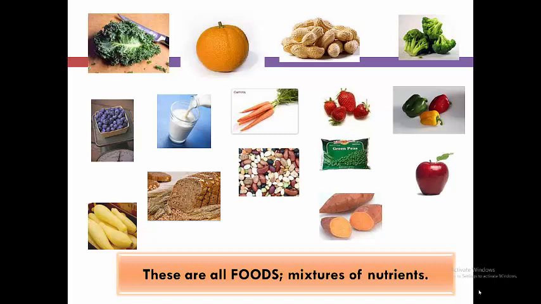None of the things you see here are made of just one nutrient like carbohydrates or just protein or just fat, and certainly none of them are just water or just vitamins or just minerals. They are all complex packages that consist of a multitude or a mixture of nutrients, and that's what makes these foods that nature has created so incredibly valuable to the human body, because you're getting a plethora of valuable nutrients when you eat these beautiful foods.